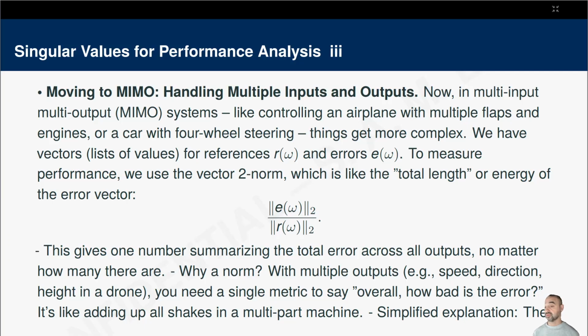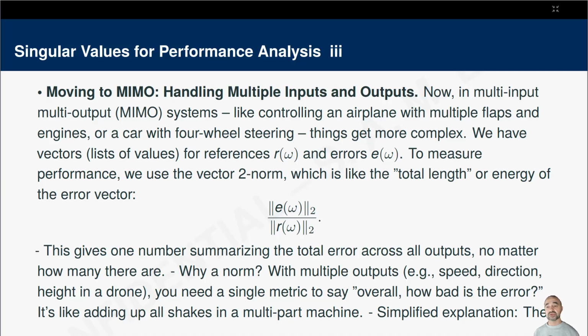I apologize. So again, let me just repeat what I just said. For MIMO systems, as you recall, we have vectors for references and vectors for errors. The vector of error is E omega, and the vector of references is R omega.